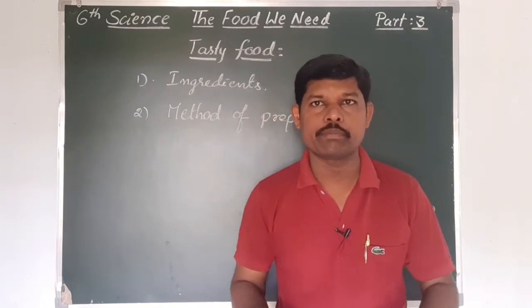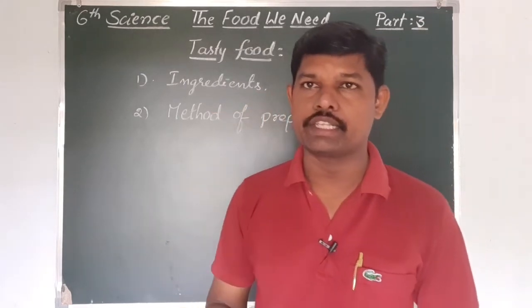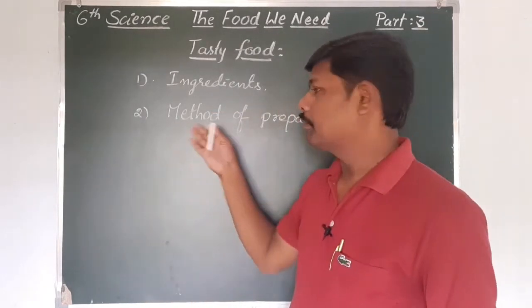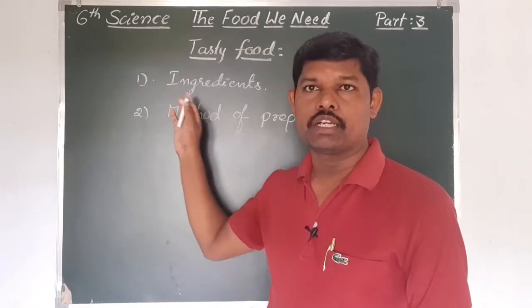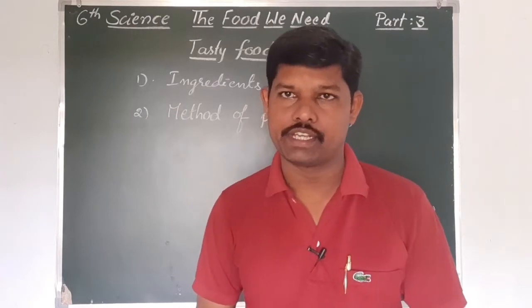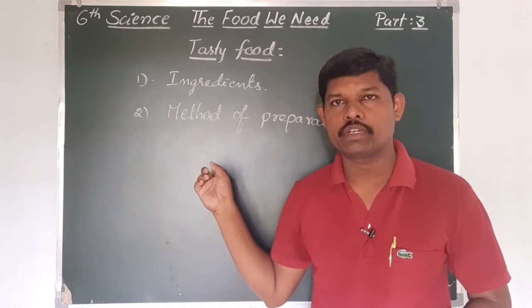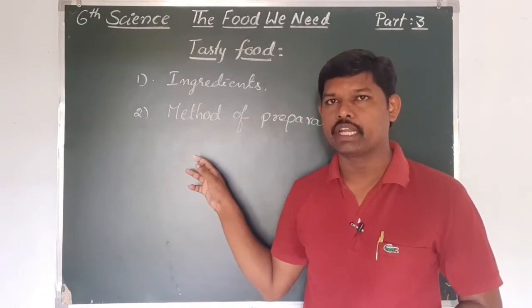So different people like different things. Depending on our taste, we will follow the method of preparation, and we will add some ingredients also to get its taste. So two things you have to keep in mind while preparing tasty food.